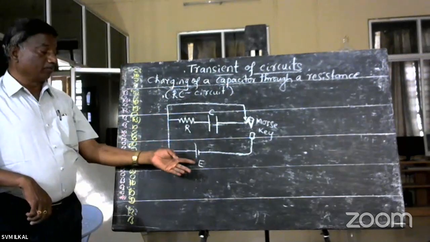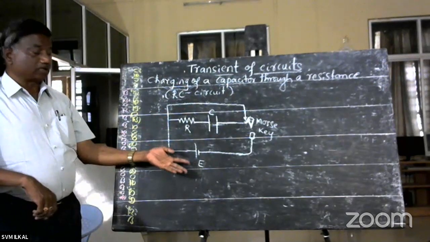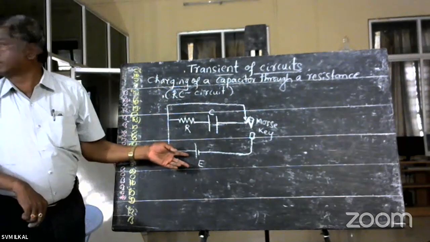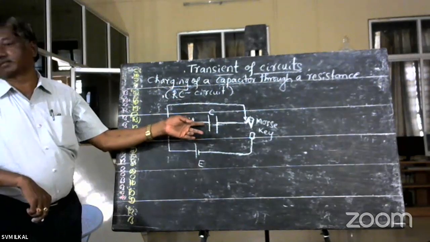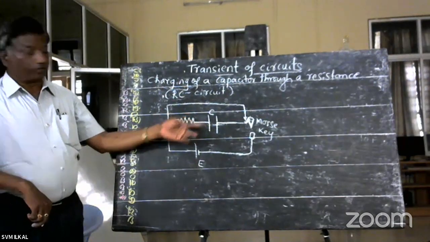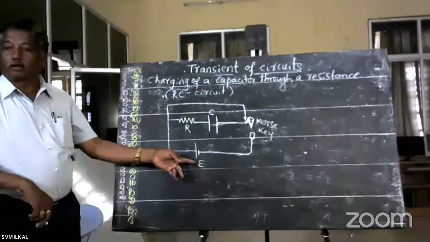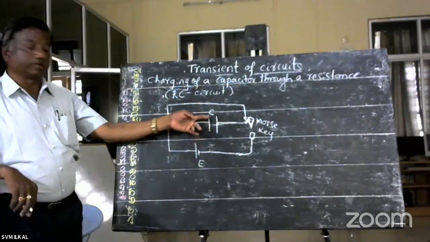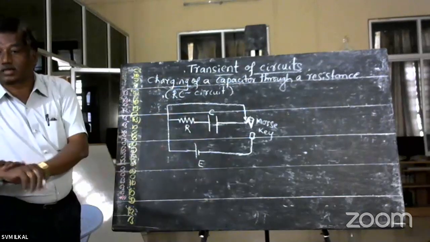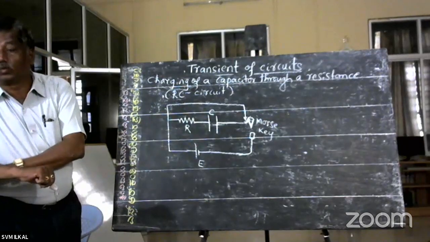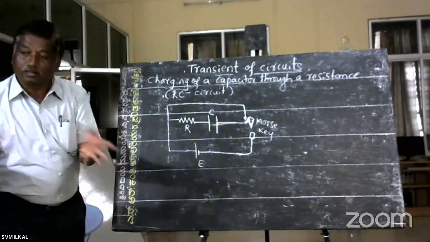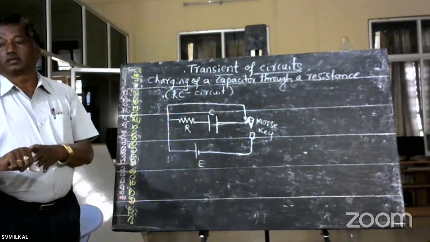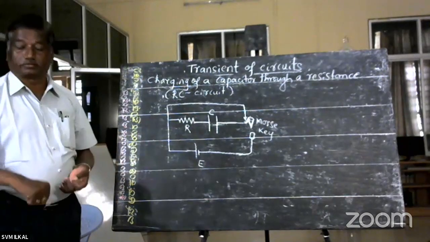If the EMF of the battery is 5 volt, as soon as the current flows in the circuit, the capacitor automatically becomes 5 volt. If you connect 10 volts to the circuit, then as you switch on the circuit, suddenly the voltage across the capacitor is about 10 volt. Means within a short time, the capacitor is charged to the maximum value.